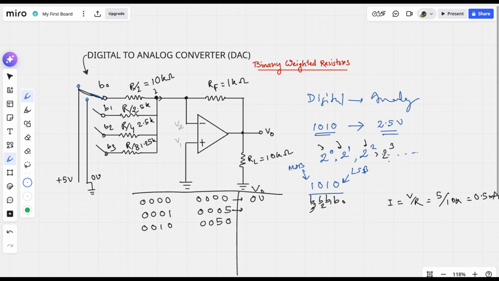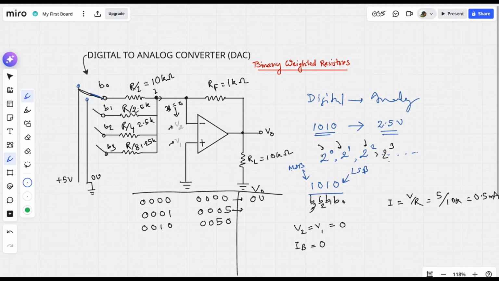Now, as we know, the voltages V2 and V1 are given by V2 equals V1 equals 0, and also we know the offset is neutralized, so IB is 0.